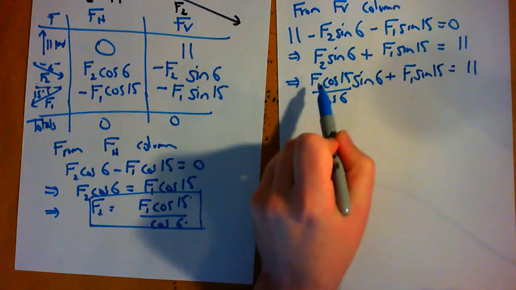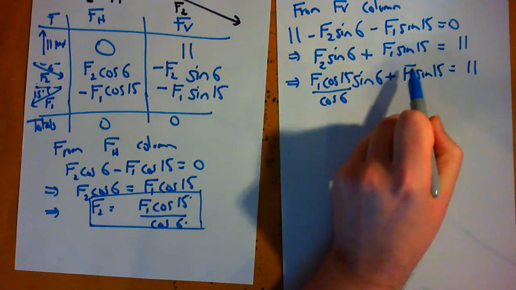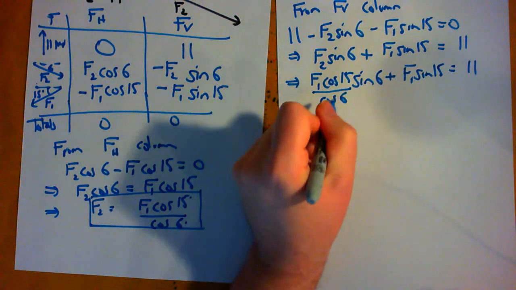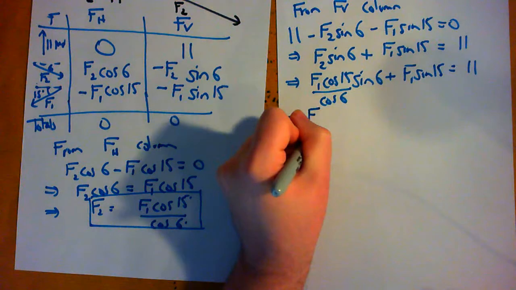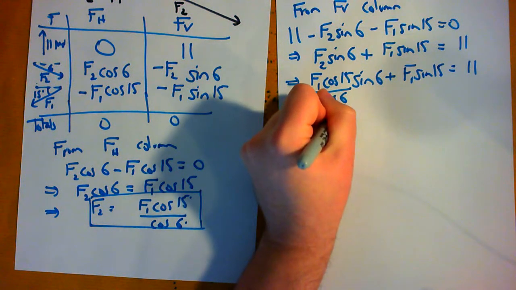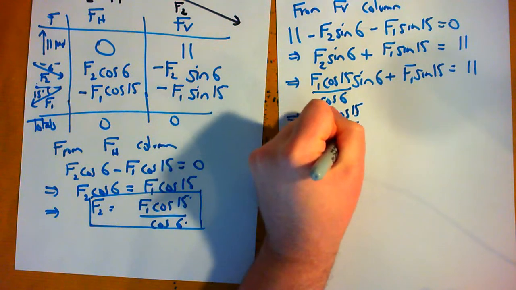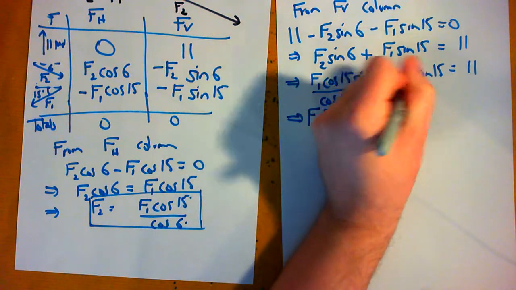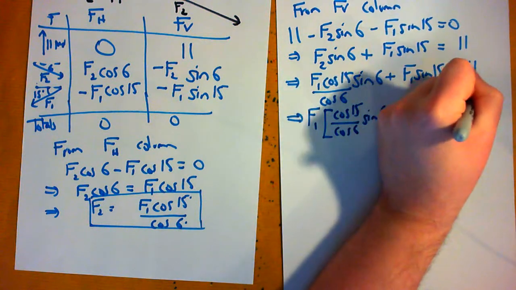So we've got two terms, an F1 in this term and an F1 in that term, both of them multiplying whatever the rest of the term is. So we can take out that F1 as a common factor. So we've got F1 multiplied by what's left, which is cos 15 over cos 6 times sine of 6 plus, we've taken out the F1, so that's just sine 15 here, equals 11.